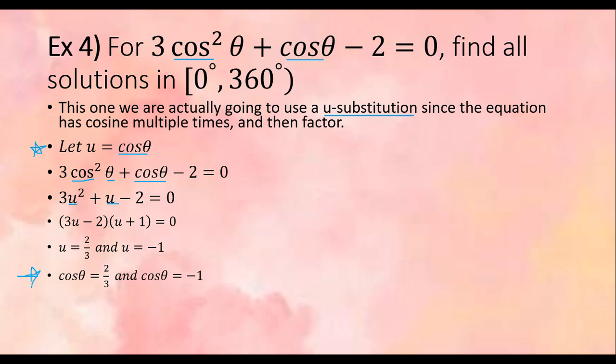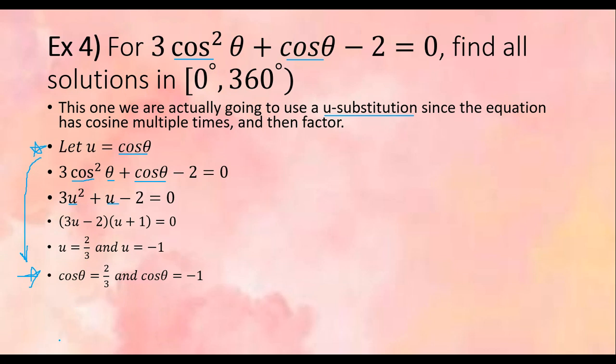You've got to convert back. So you start by making it simple, and then you have to convert back. If you don't convert back, you didn't solve the problem. You found most of it, but you didn't solve the problem. So pro tip, if you use u substitution, you have to back substitute it in as well.